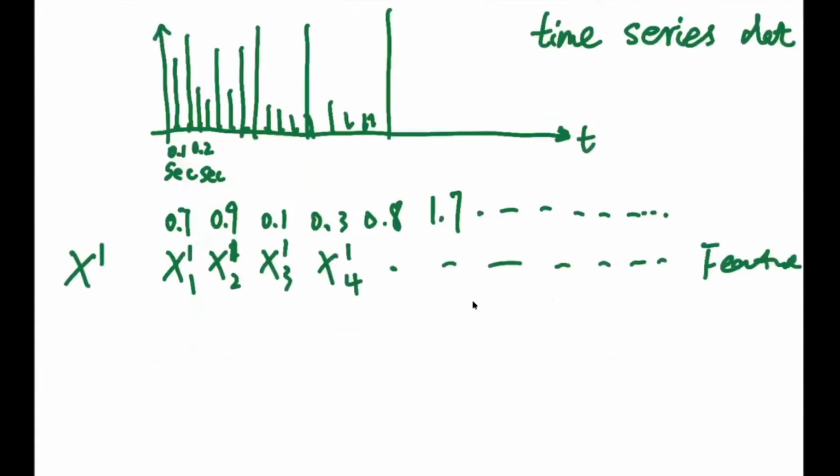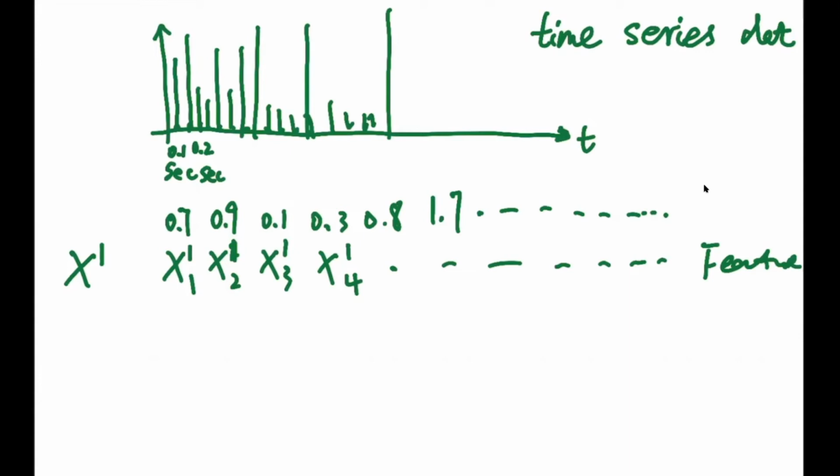But this kind of feature, you cannot switch their positions. For other applications, the position of features doesn't matter. You can switch them, for example, weights or heights or ages. But for this kind of application, you can't do that because they're time series data.